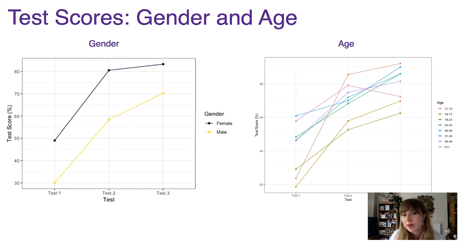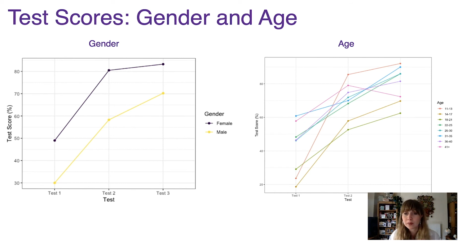Finally, we have the 36 to 40 and the 41 plus categories. The 36 to 40 category, again, you see this increase in score similar to the previous categories, from around 45% to around 75%. And then this increases again, but again, a slightly more of a plateau than the categories beforehand.